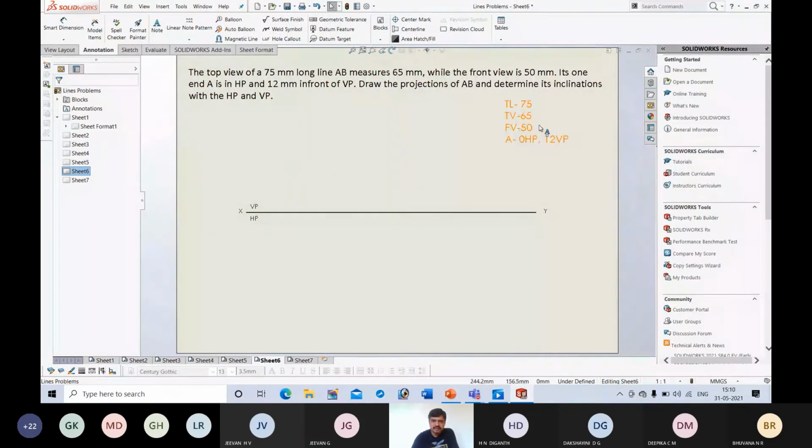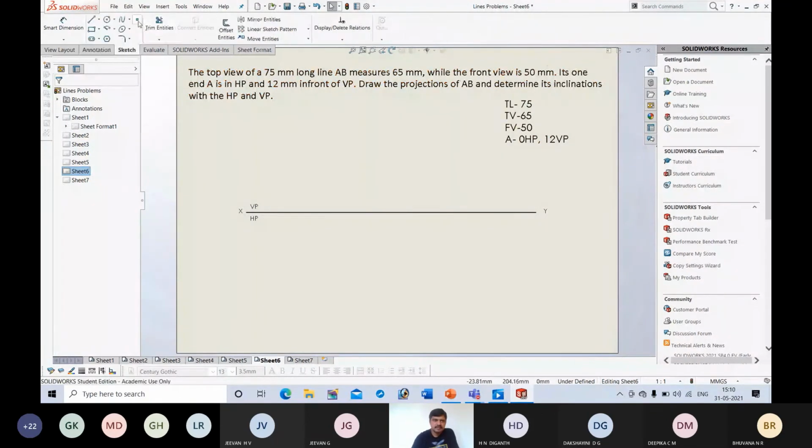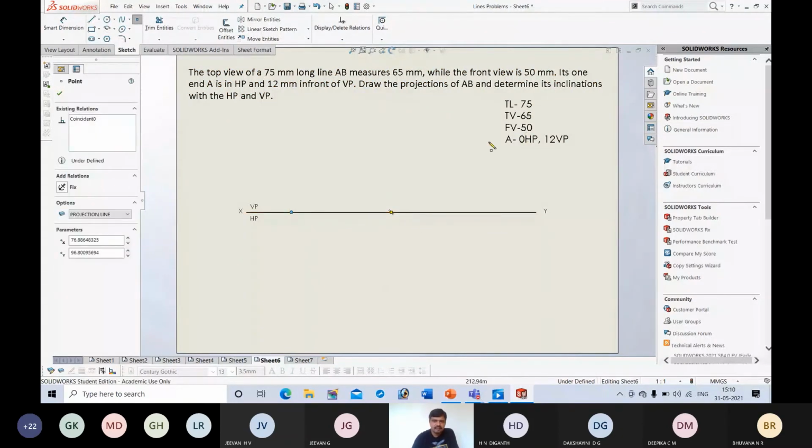First I will locate the point A. Since it is on HP, on the XY line, I will consider the front view, that is A dash. Next, top view, 12 mm in front of VP. In front will be below the XY line, 12 mm.